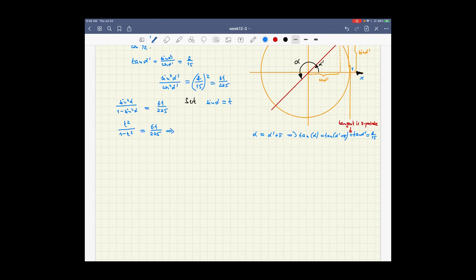We need some algebra here. So we get 225 t squared equals 64 times 1 minus t squared. Distributing 64, we get 64 minus 64 t squared. And on the left, we get 225 t squared. Moving terms, 225 plus 64 t squared equals 64. And 225 plus 64 is 289.